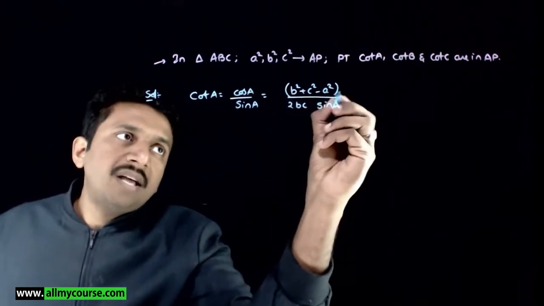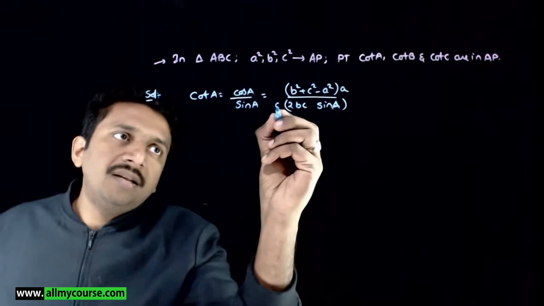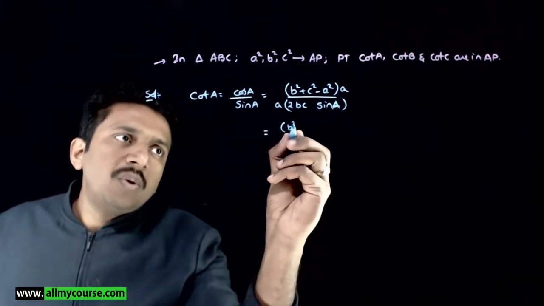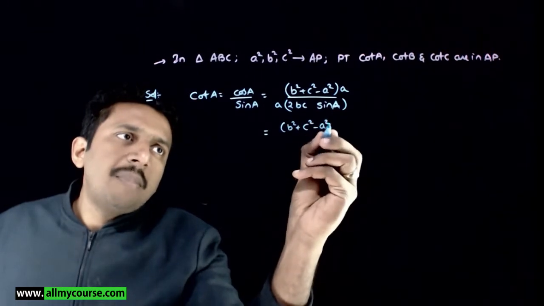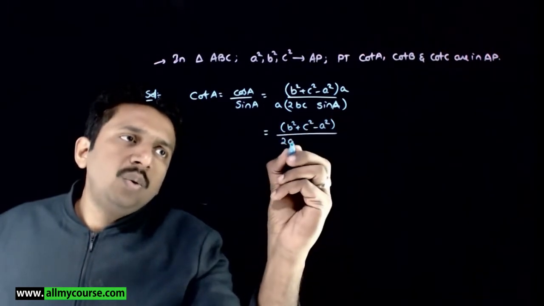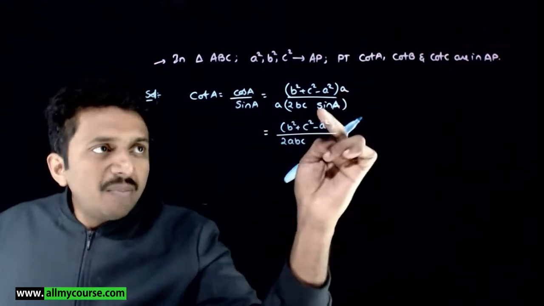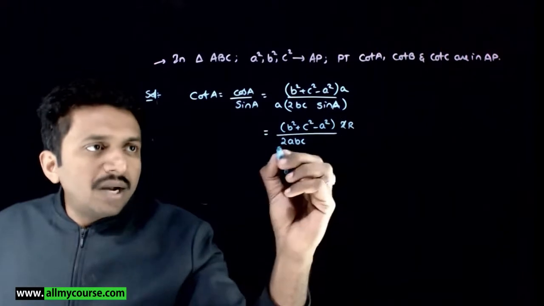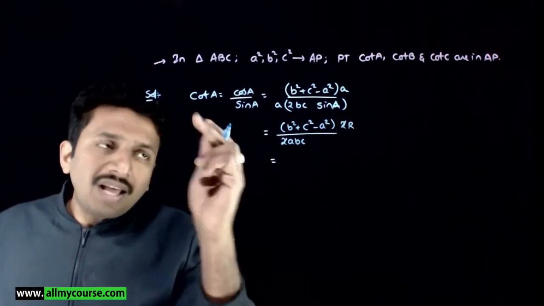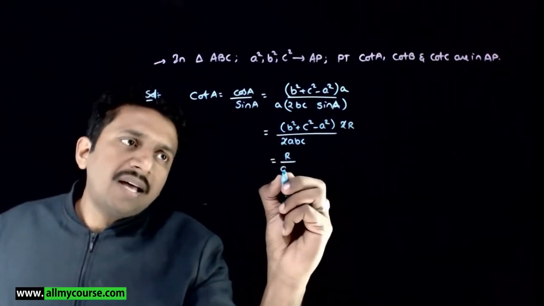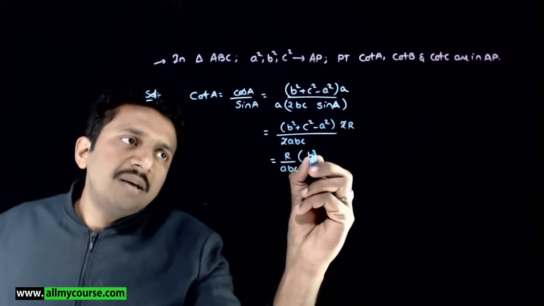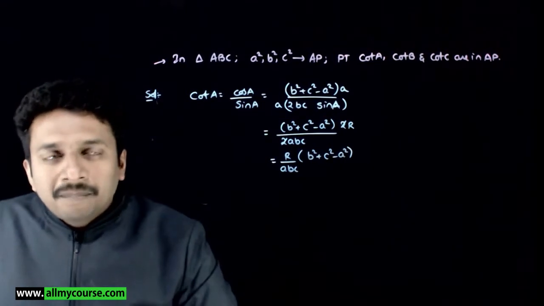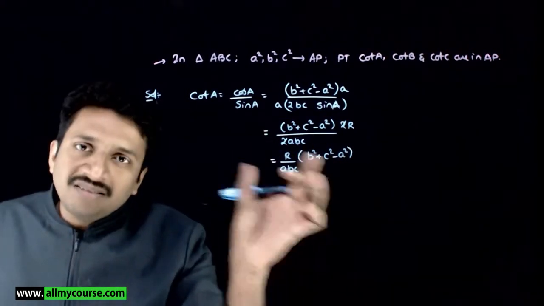So if I have an a in the numerator and an a in the denominator, this becomes equal to (b square plus c square minus a square) by 2abc times a by sin A, which is nothing but 2R. So this 2 and this 2 get cancelled. So cot A is effectively capital R by abc times (b square plus c square minus a square). Cot A in terms of abc is this.